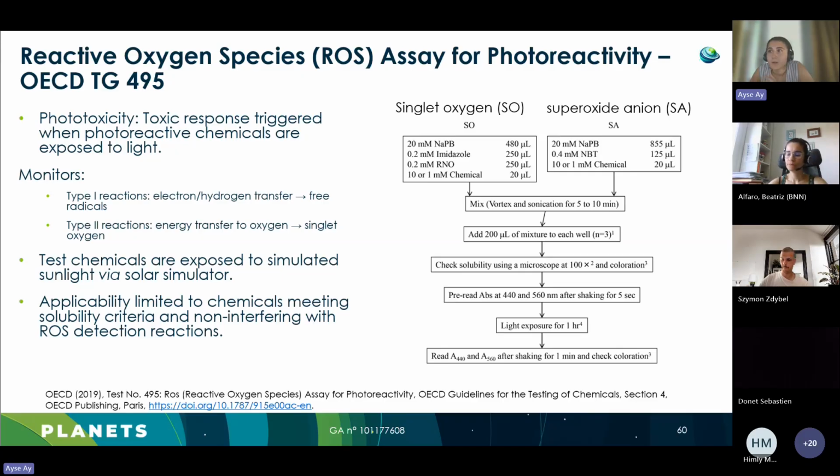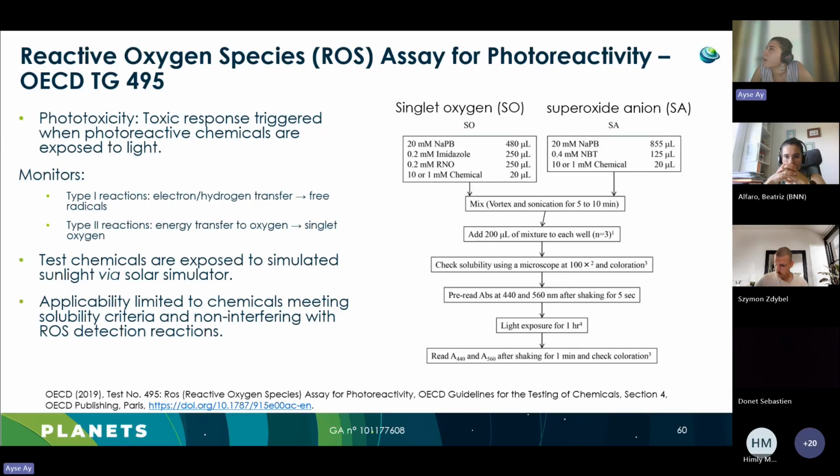We do this by exposing the chemical to simulated sunlight via a solar simulator, and the generation of the reactive species is measured by a UV spectrometer. However, it is important to note that this method is limited to some chemicals: certain solubility criteria should be met, and the chemical shouldn't interfere with the detection reactions.